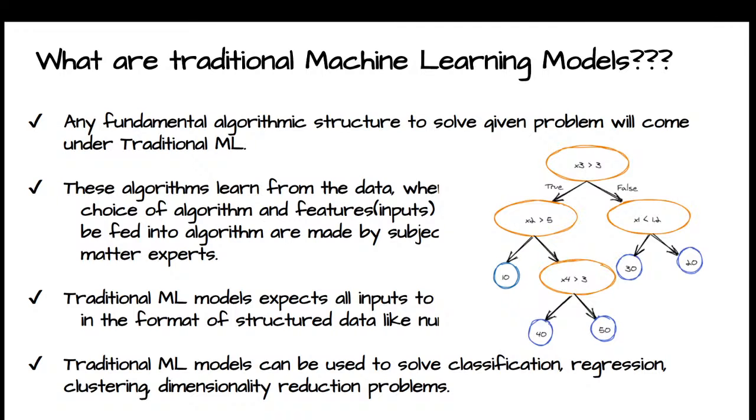You compute every bit of the decision nodes and then you get the output. It's simple. Then we have linear regression. It's nothing but a linear equation that will do the work for you. Then we have logistic regression, which has the fundamental mathematical equation of the sigmoid function. So these are the traditional machine learning models.